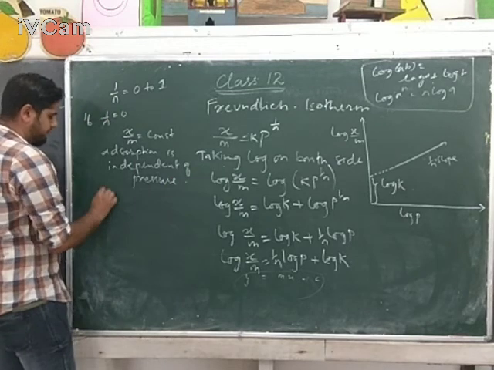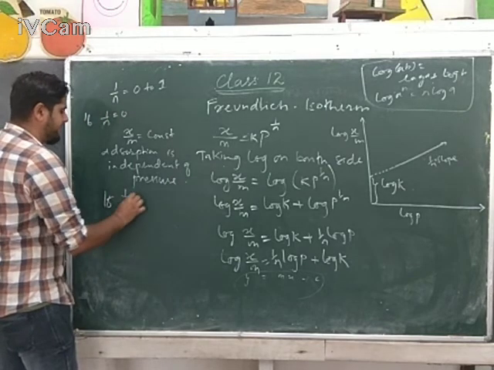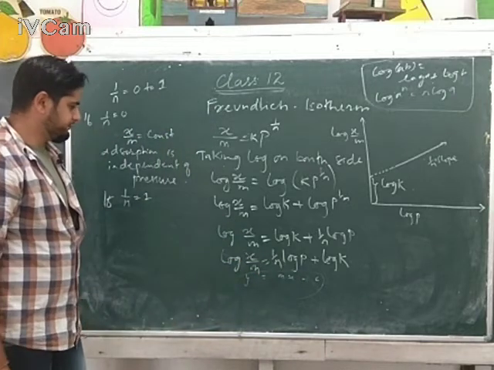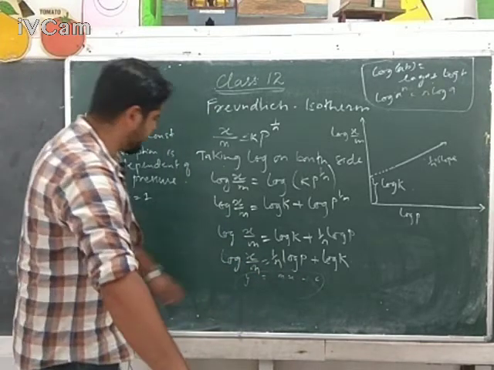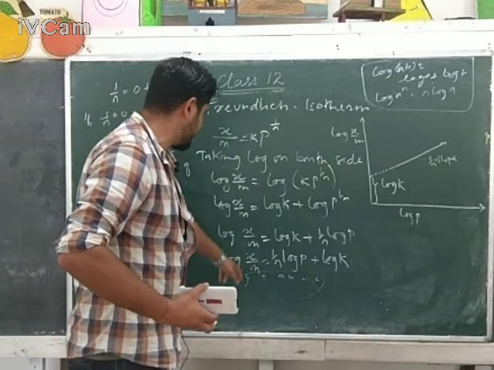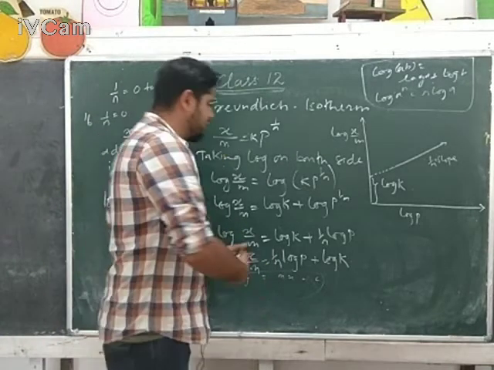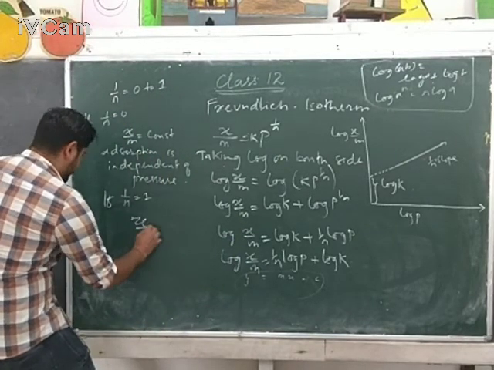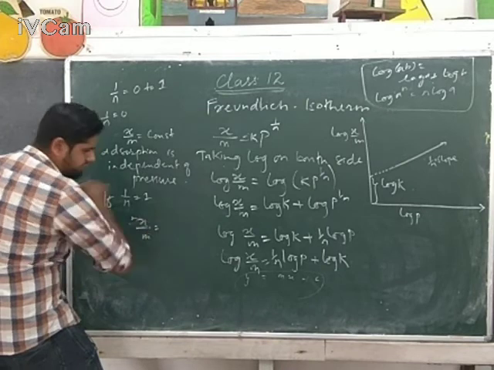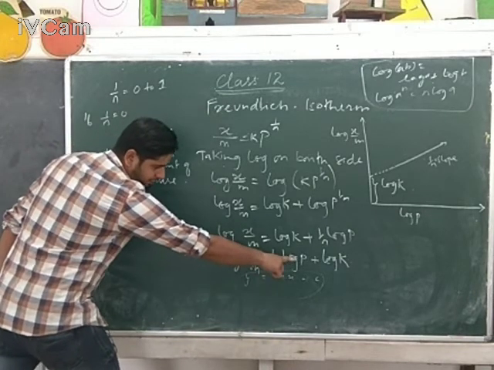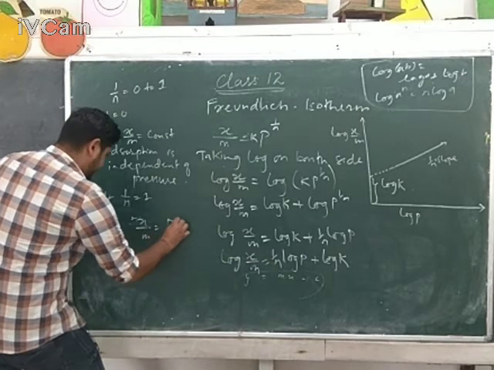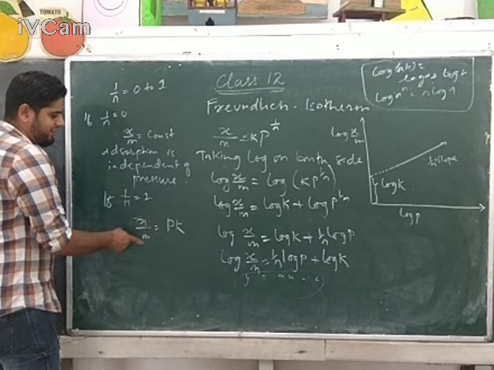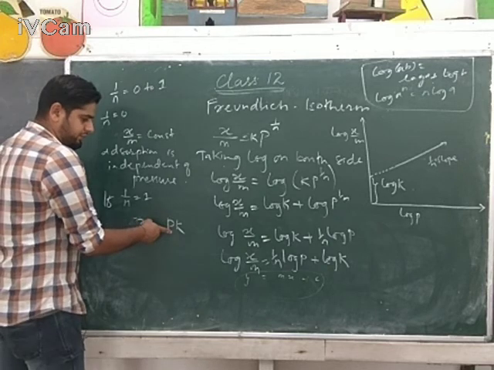Similarly, if 1 by n is equal to 1, then what will happen? If this is equal to 1, then log x by m is equal to log p plus log k. So log x by m is equal to log pk. Yes or no? So x by m is related to pressure.